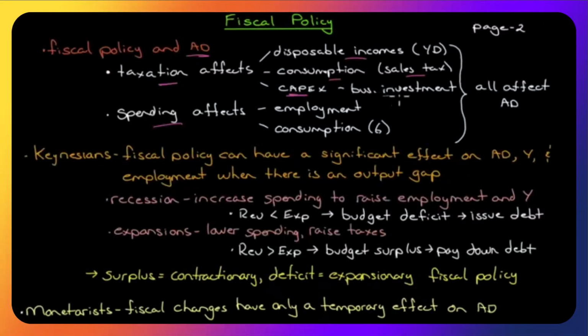CapEx. This is business investment. This is the government spending money to build out some kind of infrastructure, like a port or a rail terminal or a new airport, which increases the productive capacity of the economy, which can affect aggregate demand. Most directly, when they are building out CapEx, well, they're spending money, right?